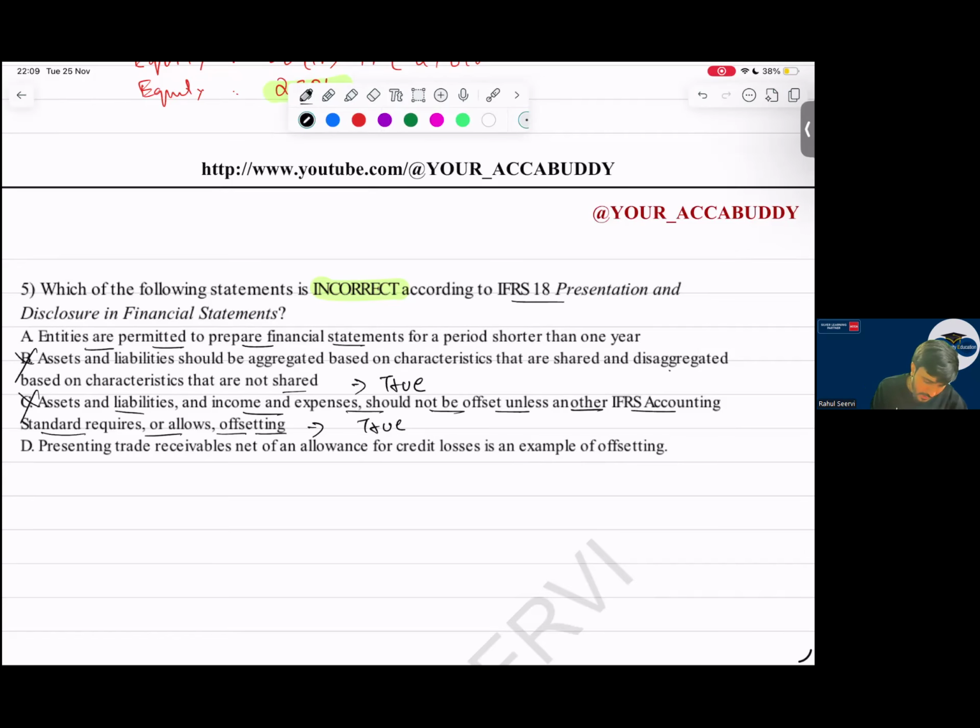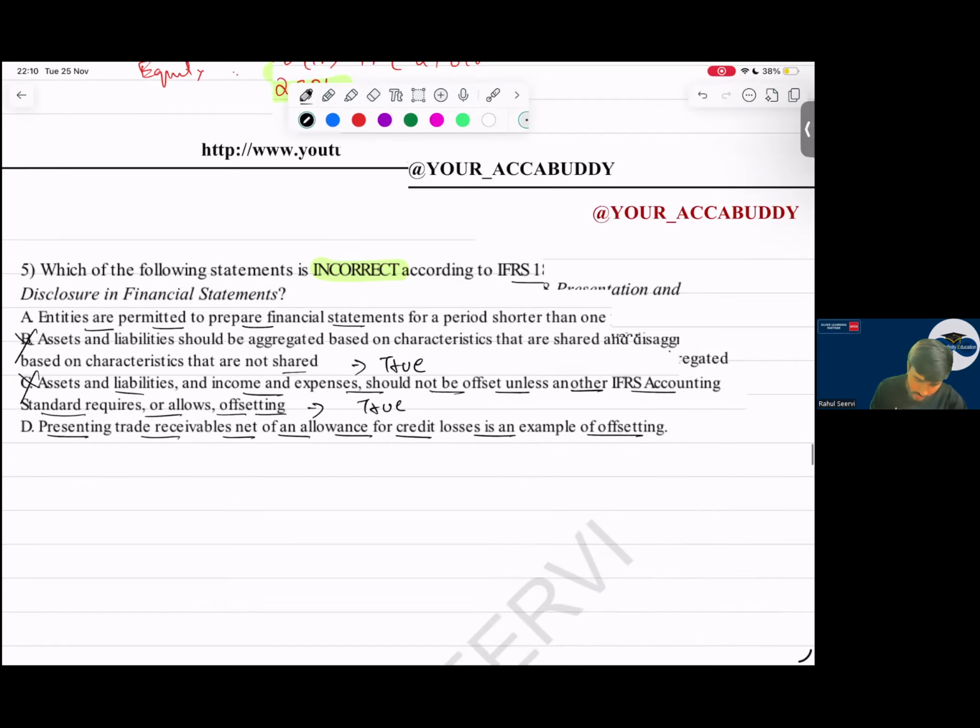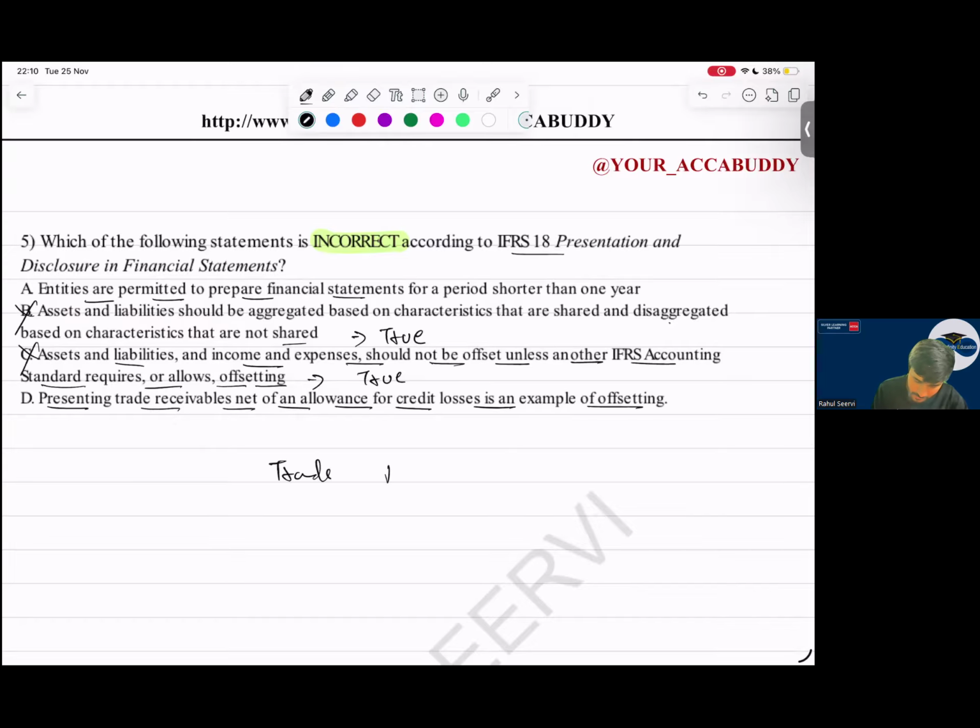Presenting trade receivables net of allowance for credit loss is an example of offsetting. They are saying what? Normally we have trade receivables, this $10,000. Less we record what? Allowance, loss allowance. When we record this loss allowance of $2,000, it's a random number, we get $8,000. Is this offsetting?